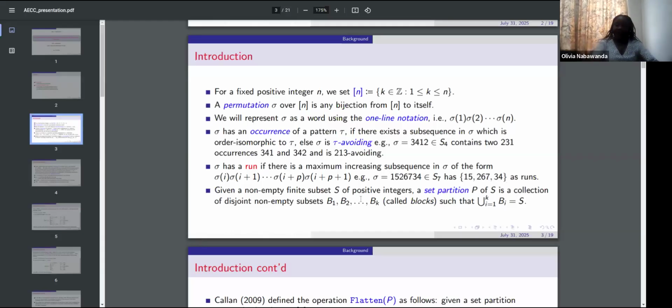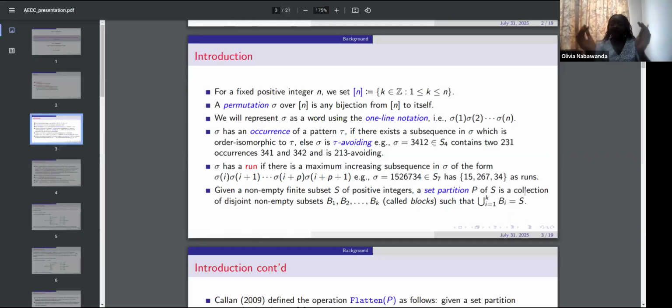And given a non-empty set S, we're defining a set partition P to be a collection of disjoint subsets, which we are denoting as B1, B2 up to Bk, and we shall be referring to them as blocks, such that the union of these disjoint subsets of S gives us the entire set.